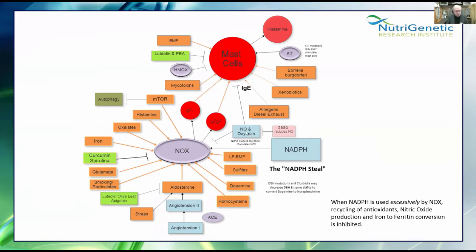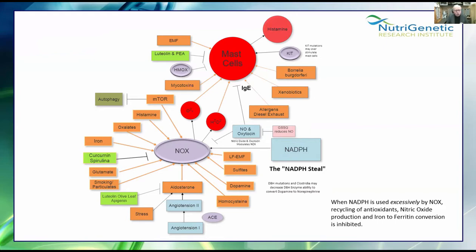Just as a quick side note, nitric oxide and oxytocin have a modulating effect on this. HMOX, heme oxygenase, that we'll talk about a little bit, has a calming effect on the mast cells. And the KIT genes are what trigger the mast cells. And some of them, when they're mutated, are actually overactive. When I talk to clients, I say if you think of the mast cells as the police officers or the army, you've got to have them, but you don't want them to be trigger happy.